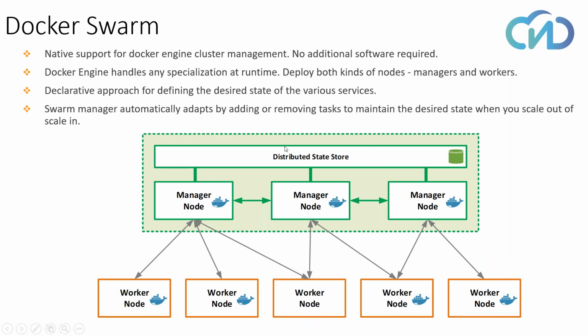So whenever you create something, you give the instruction to the manager node, which schedules the container on a worker node and executes it, right? And then you have this distributed state store. If you have multi-master, it will be spread across multiple nodes.